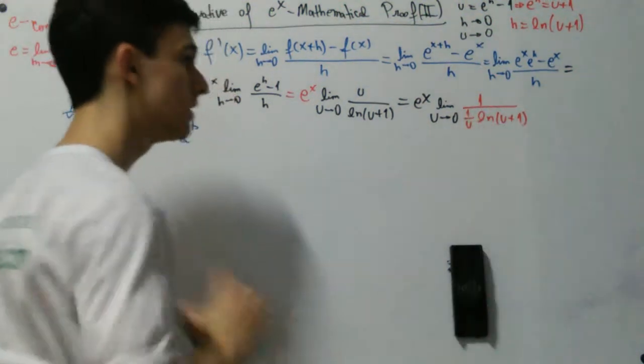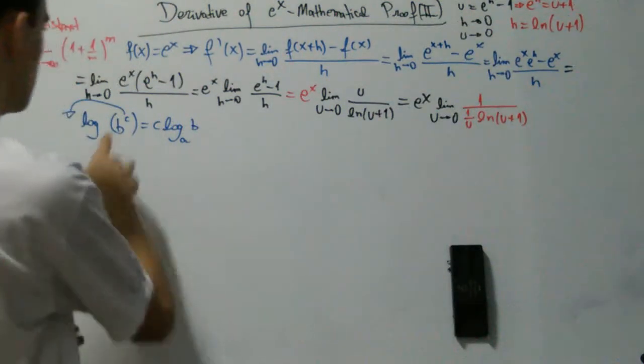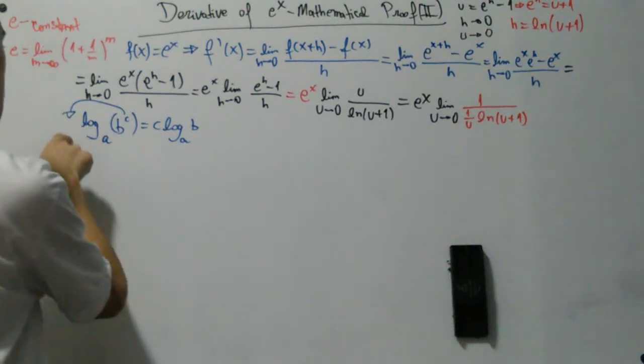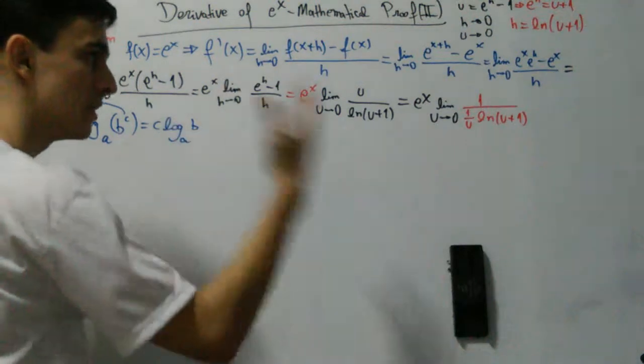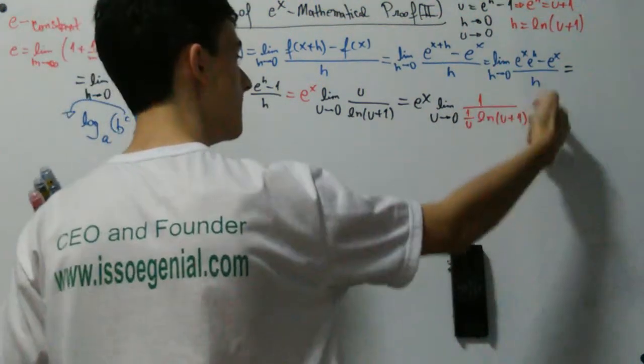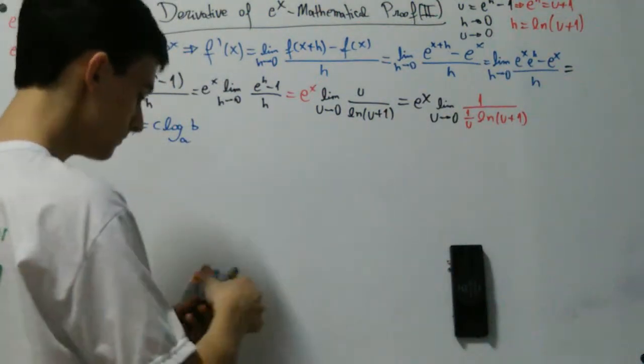And here we are going to do the opposite direction of the property. Instead of taking an exponent and putting it in front of the logarithm multiplying it, we are going to do the opposite way. We are going to take something multiplying the logarithm and put it as the exponent of the argument of the logarithm. So let's do that.